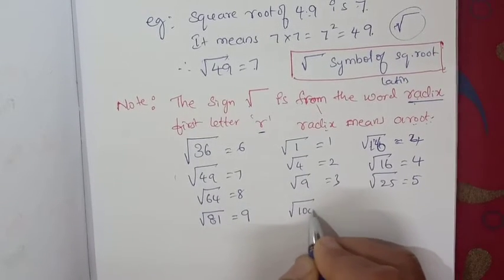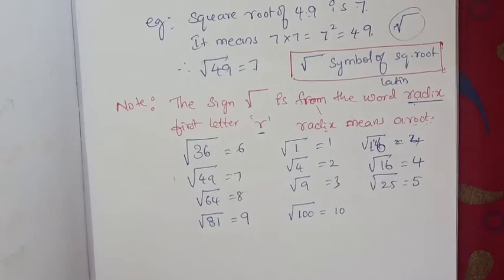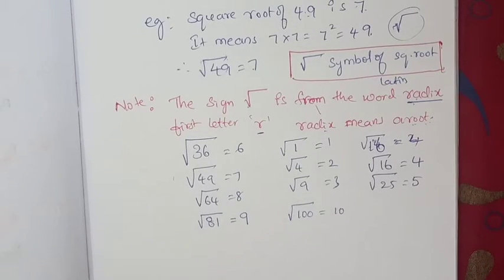Square root of 100 is 10. These are called square roots.